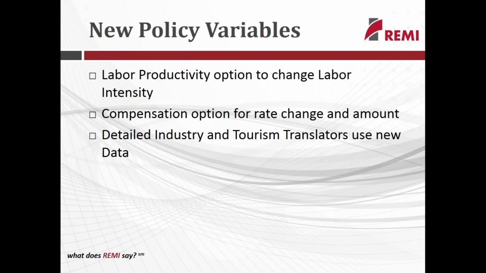Now one can adjust labor productivity, assuming that the gains from labor productivity are used to create more output rather than hiring less employees, which I know is a little bit confusing, but longtime users of the model will recognize the distinction.